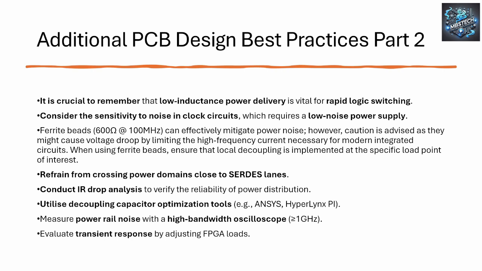It's not going to pull it through the bead, it's going to pull it through the capacitors. So if you don't effectively decouple on the right hand side of a ferrite bead, you are being detrimental to your PDN for that point of load. Okay. Refrain from crossing power domains close to these lanes. It causes noise.